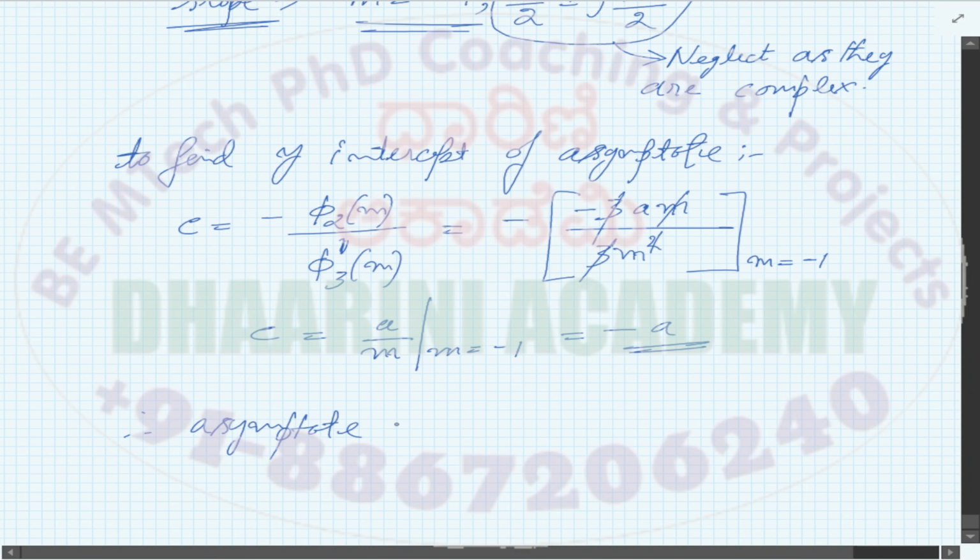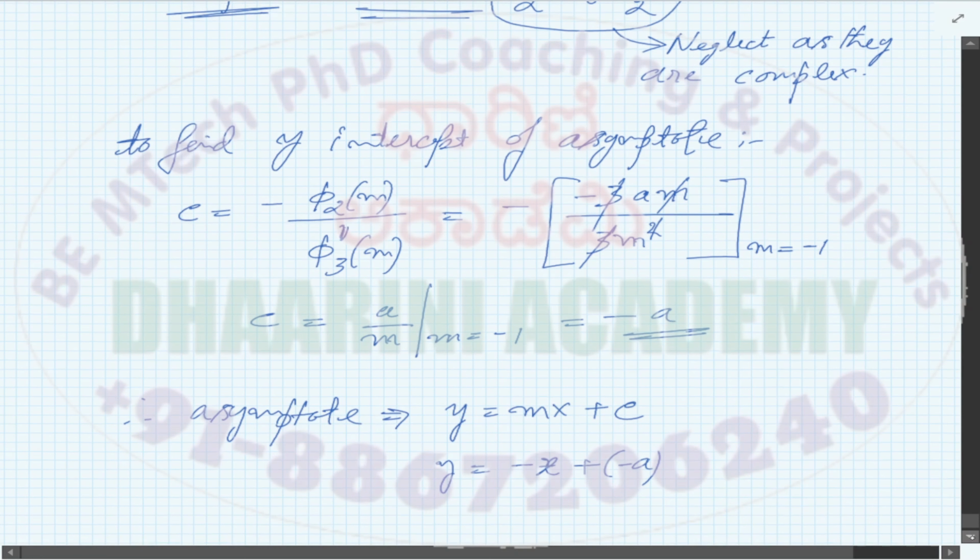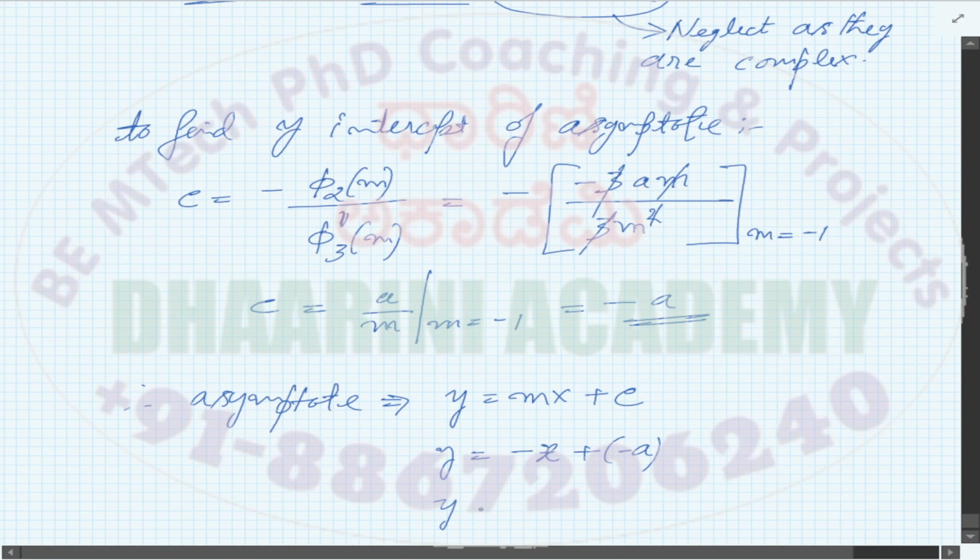The asymptote equation will be y equal to mx plus c. So substituting, y is equal to minus x, plus c, and c is equal to minus a. So the curve is y is equal to minus of x plus a.